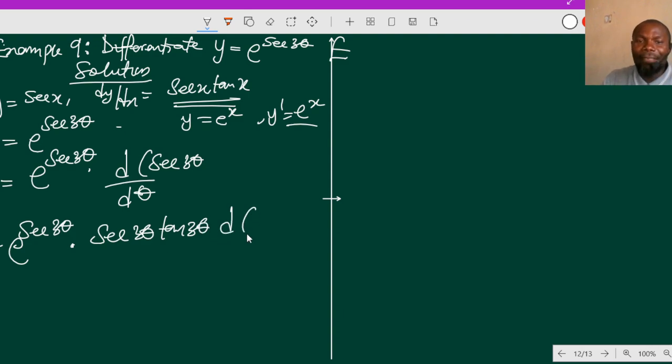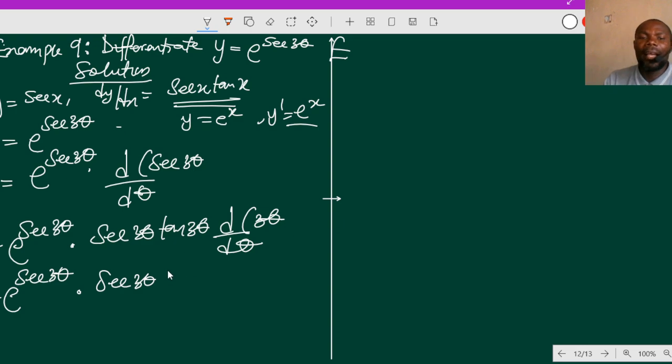Now with the derivative of 3 theta with respect to theta, you discover that we now do it two times. Before we did it one time. This is now two, so you apply the chain rule twice. Sec 3 theta tan 3 theta times 3.